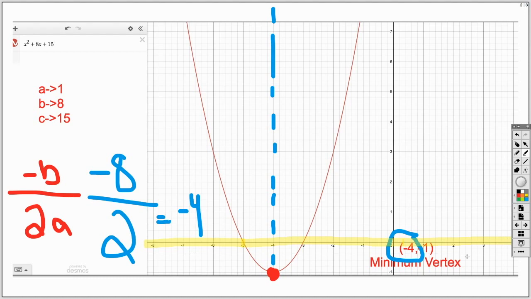All the roots are saying is which coordinates touch this x-axis. We can see that -5 and -3 touch this line. So our roots, which we typically put in parentheses, would be -5 and -3.